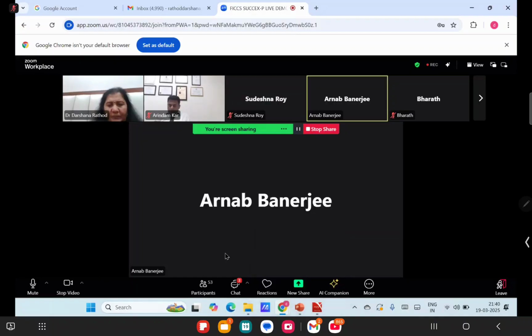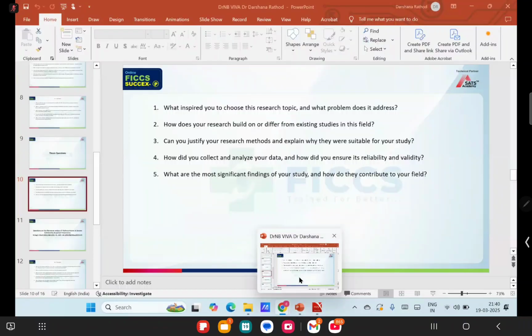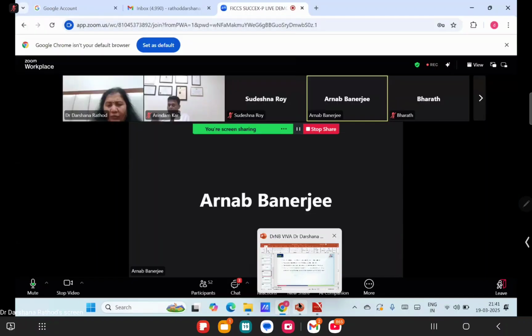The sensitivity and specificity were calculated from the area under the ROC curve. Very good.